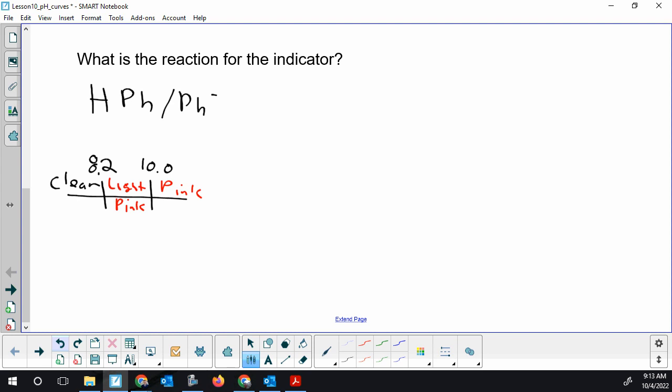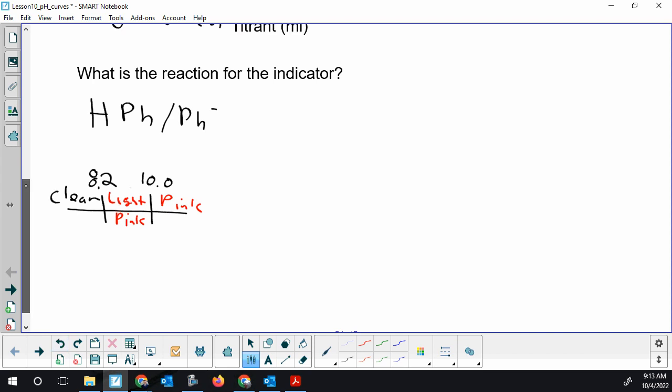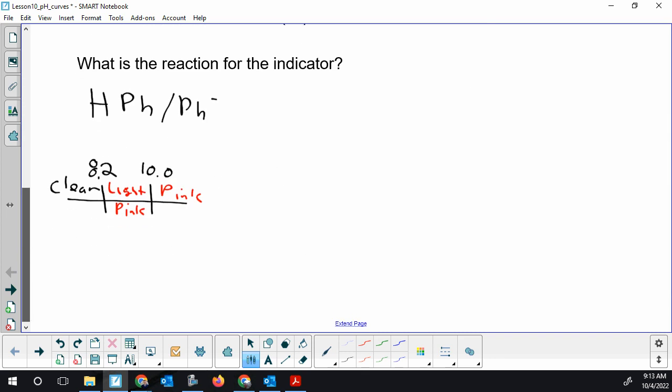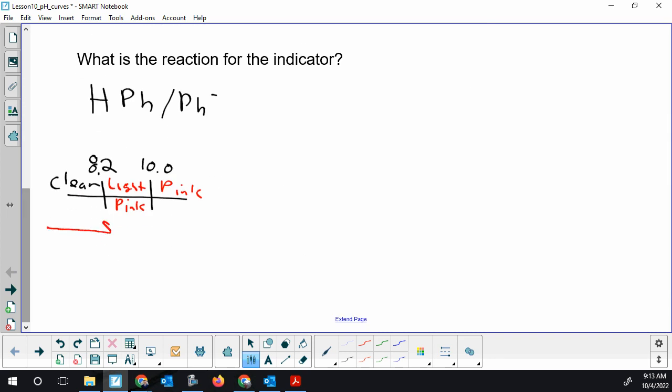Now, in this particular example, we are starting with a low pH. So we're going to be going through these numbers from low heading to high. So when we use phenolphthalein, HPh, the first color change we're going to see is clear turning to light pink at 8.2.